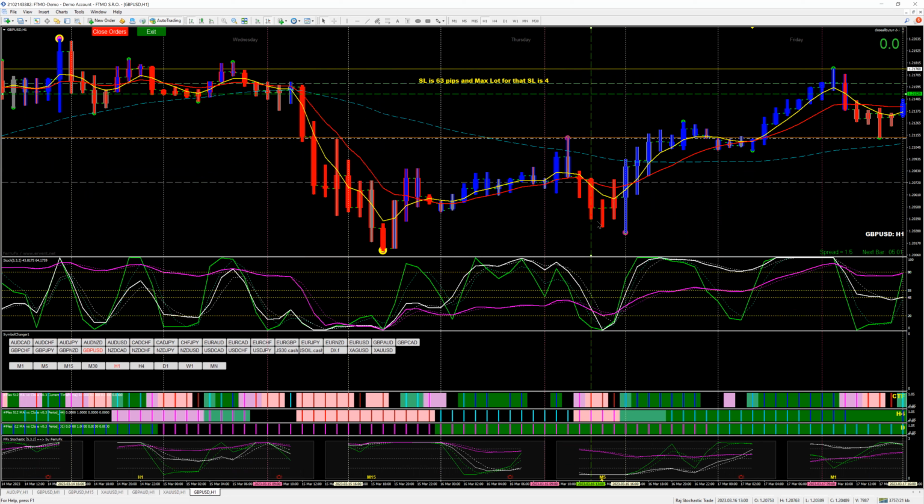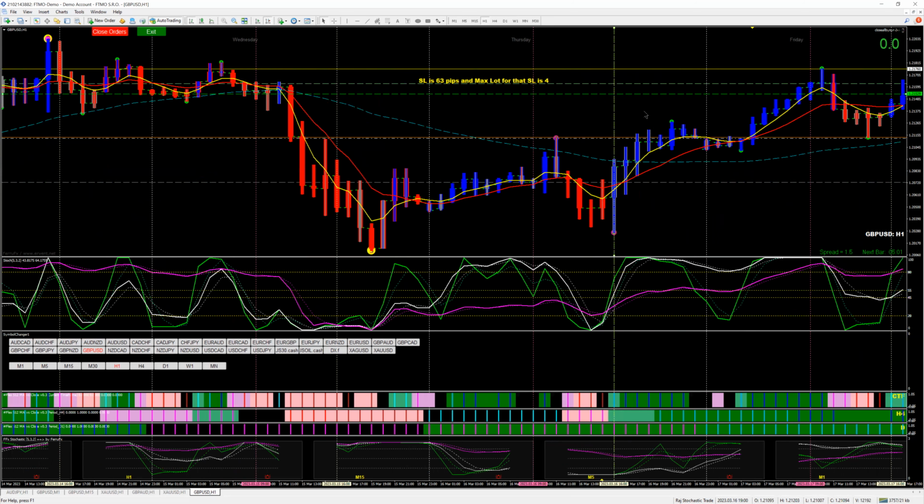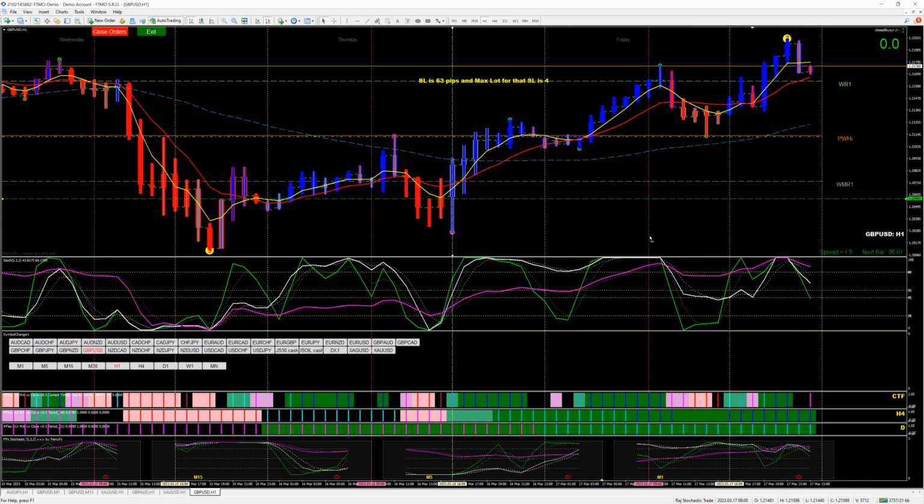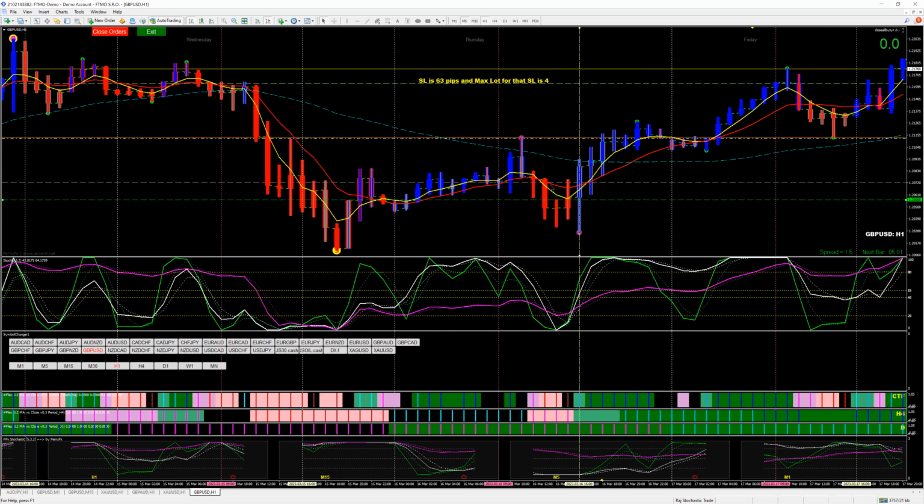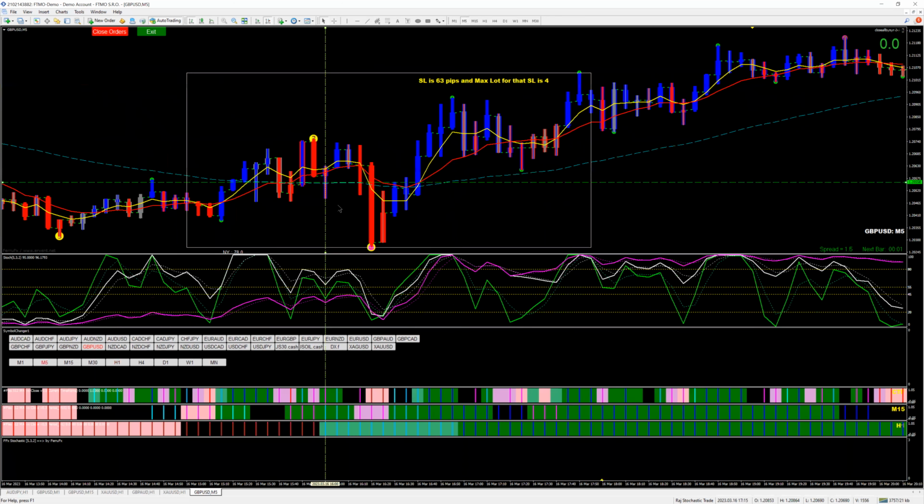If you're doing a counter trend cycle, you're looking for longs here, which would happen on this bar. And you're looking for the 5-minute entry. 5-minute entry is here, the solid blue.